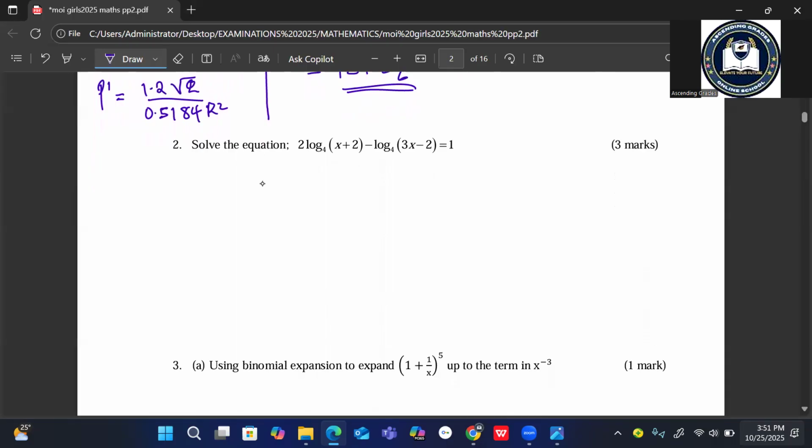Solve the equation: 2 log base 4 of x plus 2 minus log base 4 of 3x minus 2 equals 1.